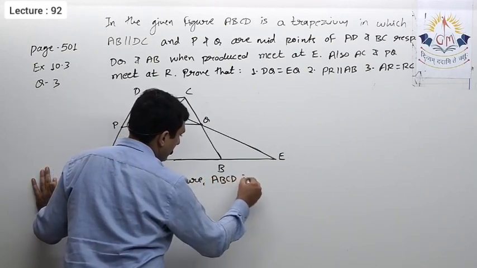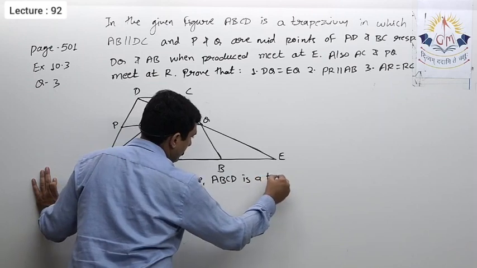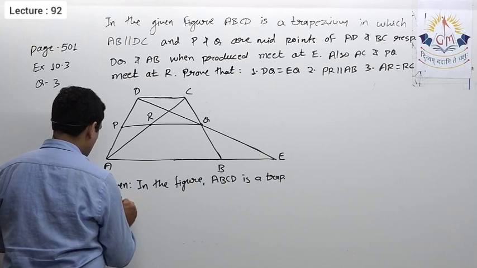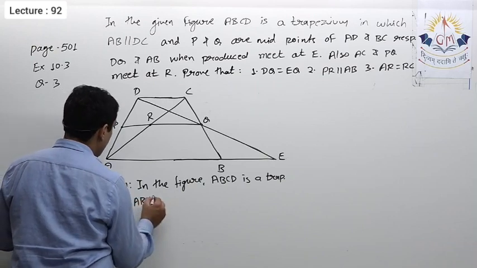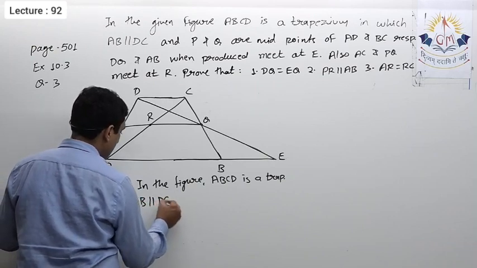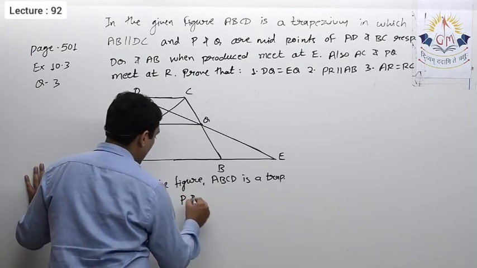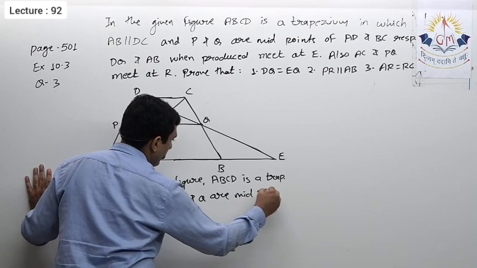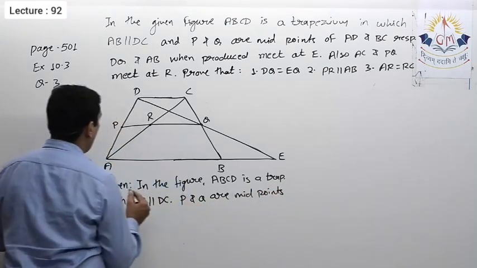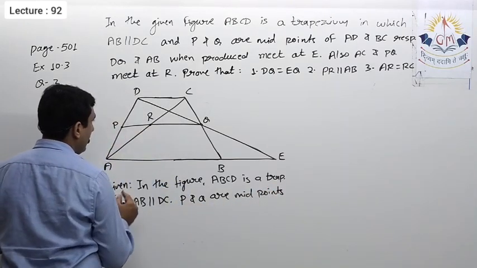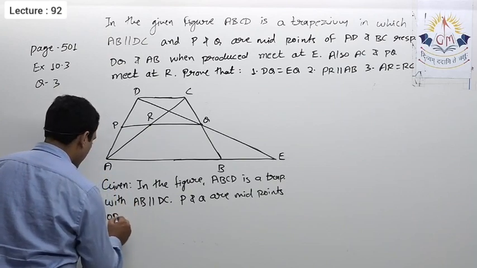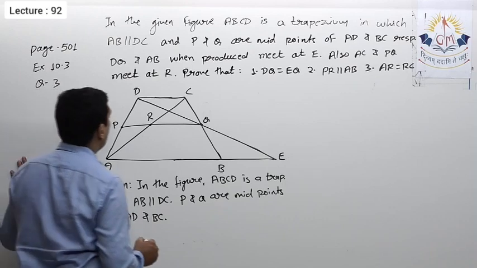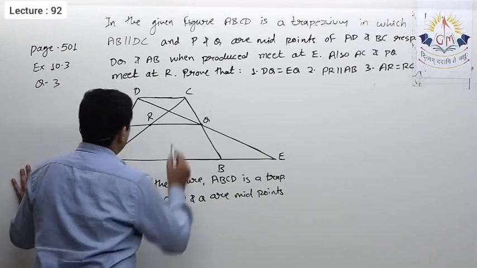ABCD is a trapezium with AB parallel DC. P and Q are midpoints of AD and BC. Okay.